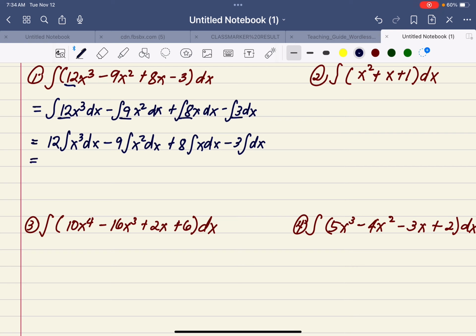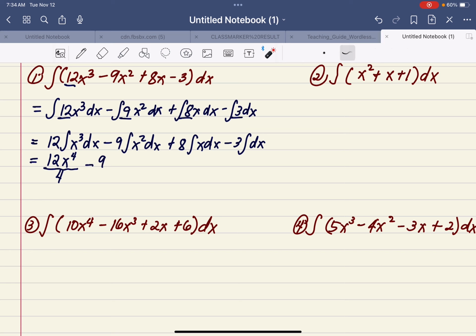And then, let's apply now the power rule. If we're going to find the antiderivative of this, just simply add 1 to the exponent. So, this will become 12x raised to 4 because 3 plus 1 is 4, and divide also by 4, minus 9.